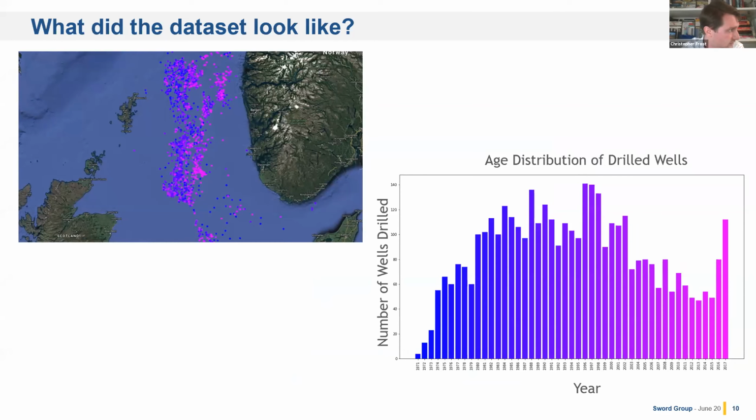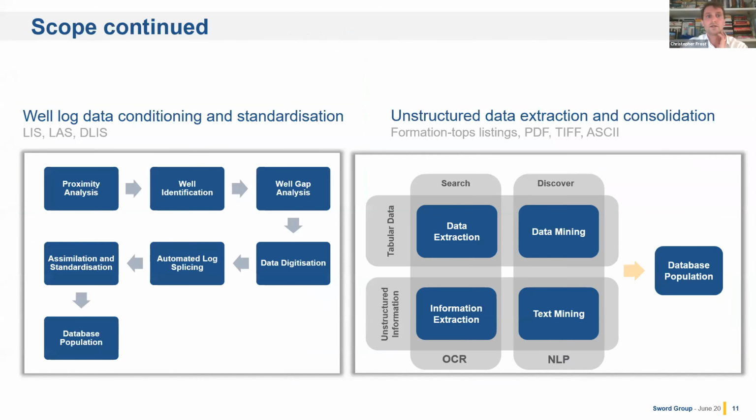We saw some interesting things, such as DLIS files coming in the last 5 years that have hundreds of curves in them, and then going back to the 70s where you've got one LAS file with maybe 3 or 4 curves. And the disparity of the data set meant that creating one workflow to cover all of these data types was challenging. So we split this into 2 main parts: the well log data condition and standardization.